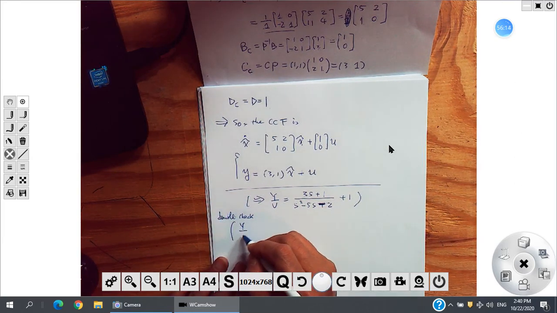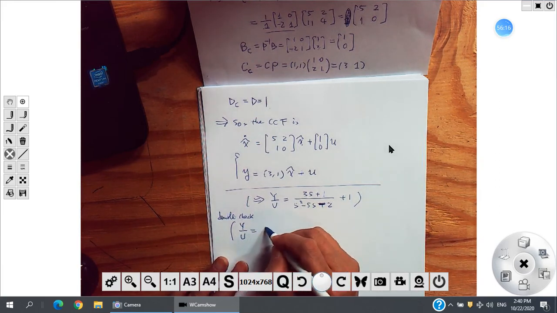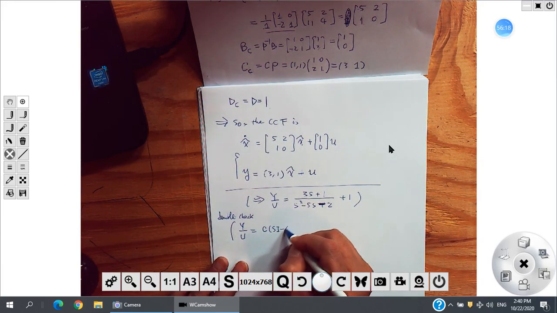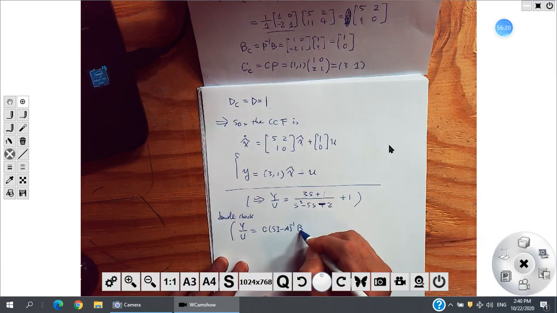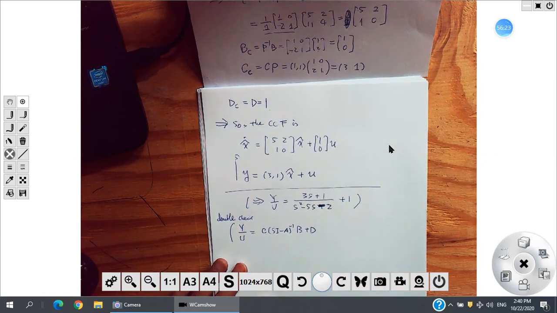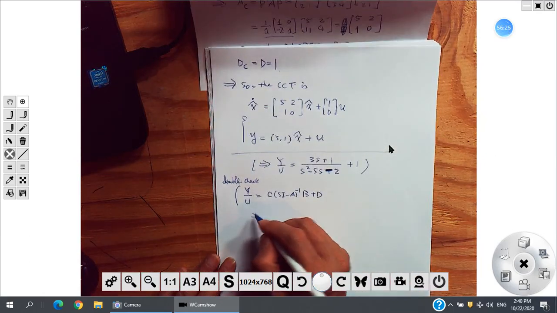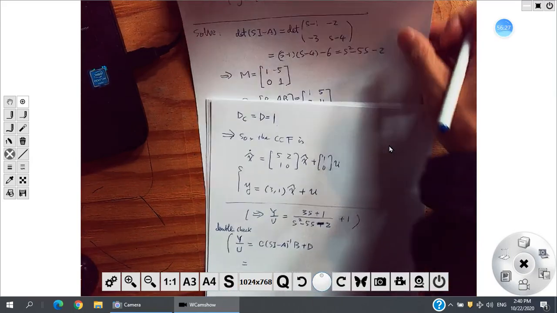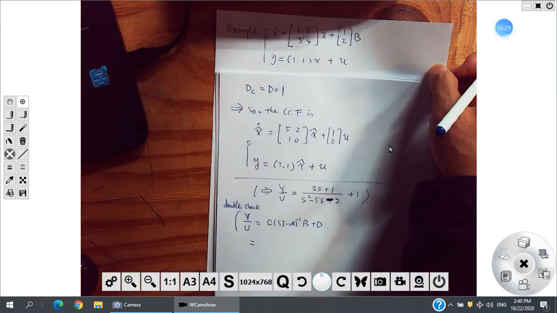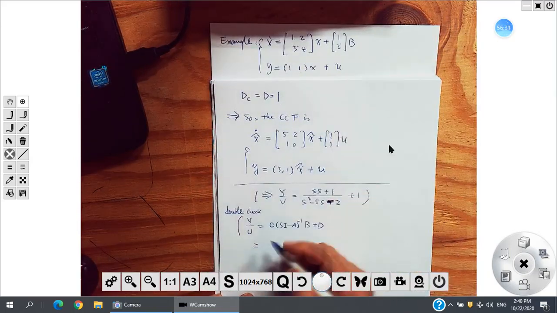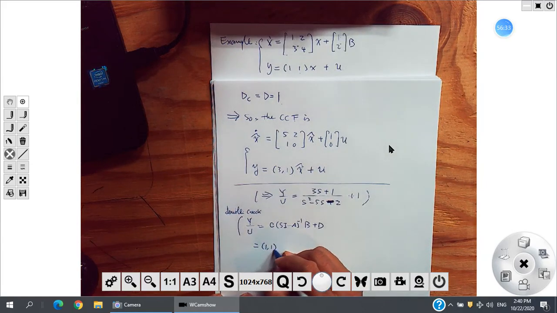Y over u will be c times sI minus A inverse times b plus d. And c is, our equation is here. C is 1 and 1. And then sI minus A is 1, 2, 3, 4.